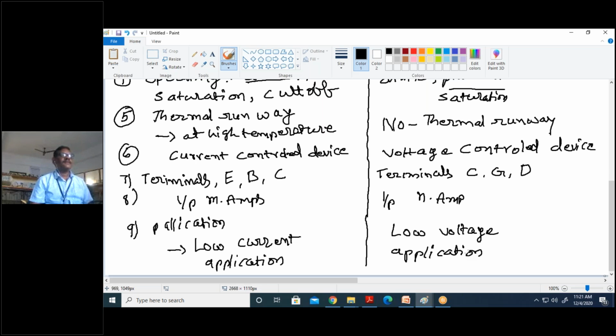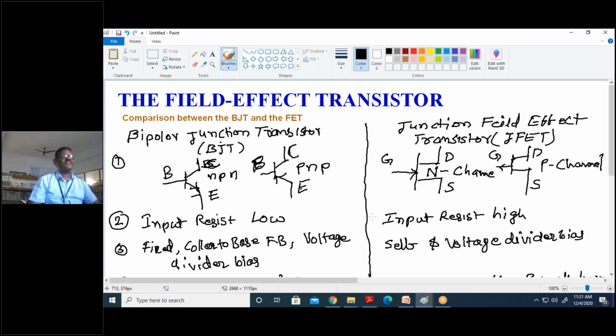Okay. The field effect transistor comparison between the BJT and JFET: bipolar junction transistor, BJT, junction field effect transistor, JFET, and equivalent symbols: base, emitter, collector. In BJT, there are two types of transistors, NPN and PNP.